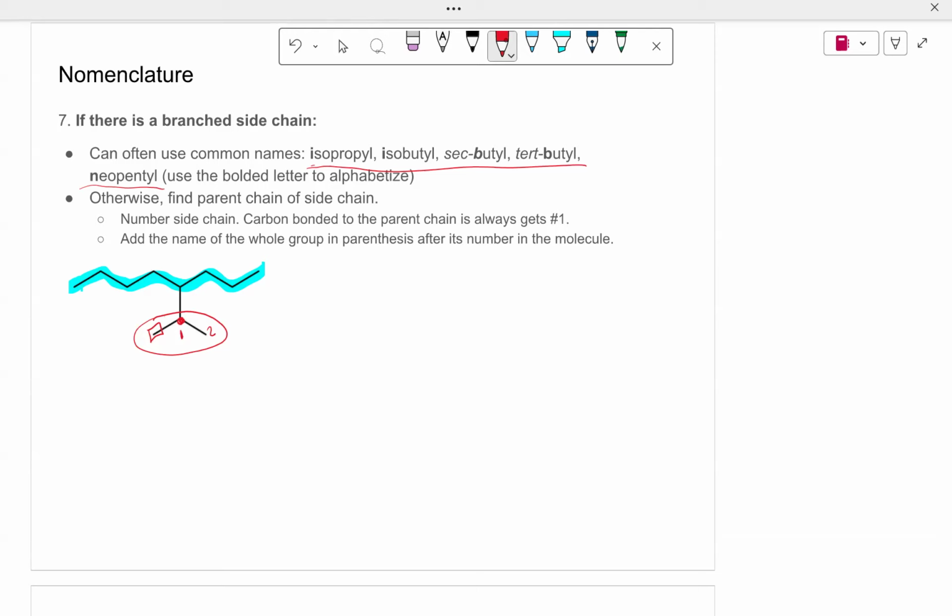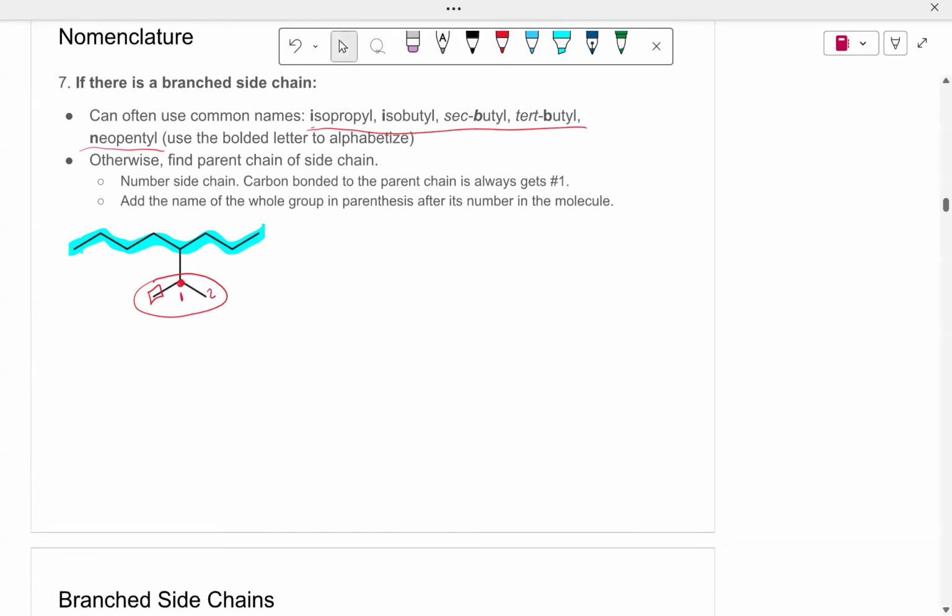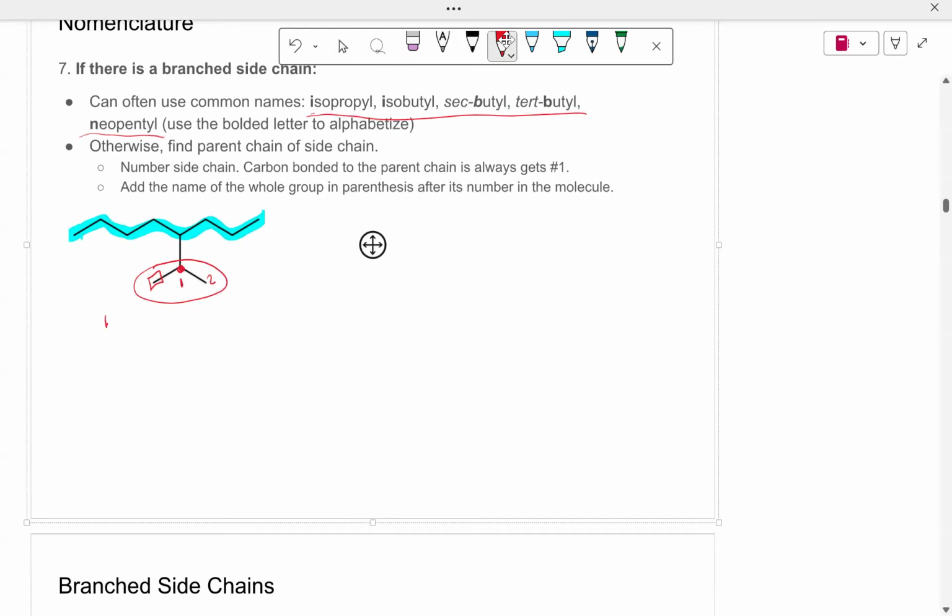So I'm going to name this side chain 1-methyl ethyl. So ethyl refers to the two carbon part, the one and the two, and then the 1-methyl means that there's a methyl group on the number one carbon. So when I put this in the name, let's just number our parent chain here.